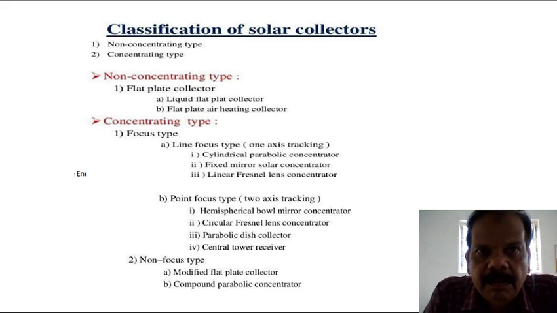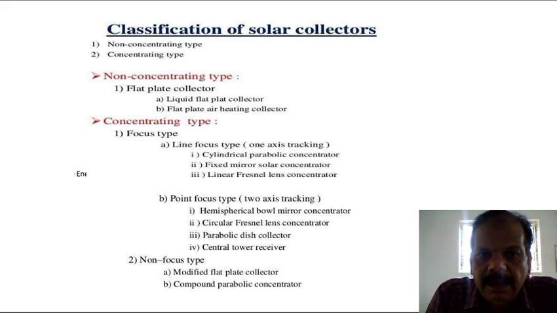How are solar collectors classified? One is the non-concentrating type and another is the concentrating type. In the non-concentrating type, the best example is the flat plate collector, which can be either a liquid flat plate collector or an air heating flat plate collector.